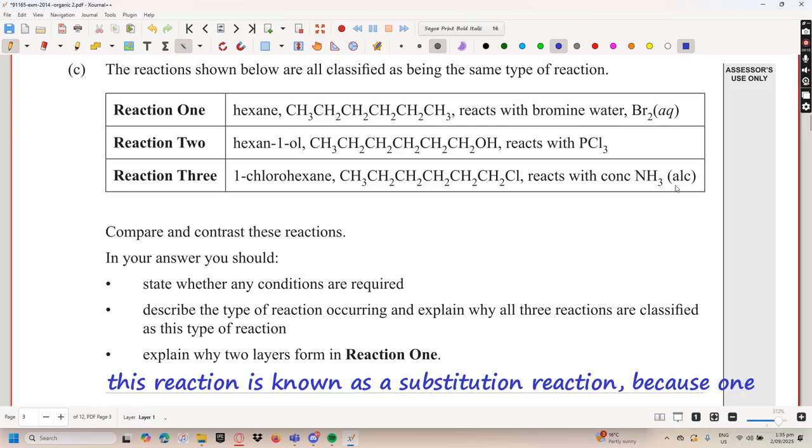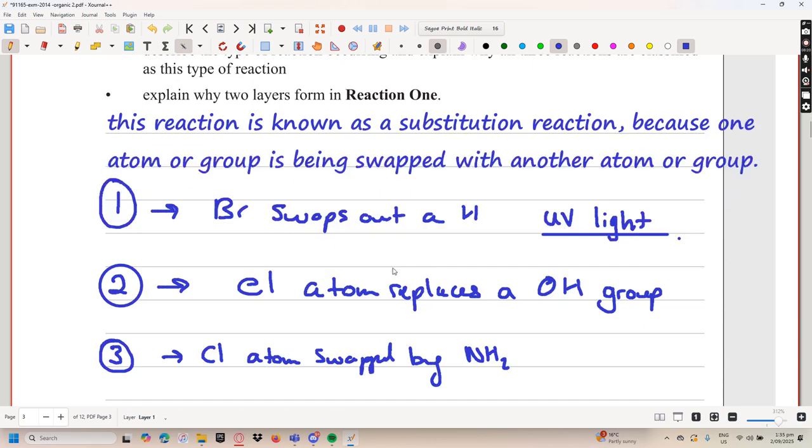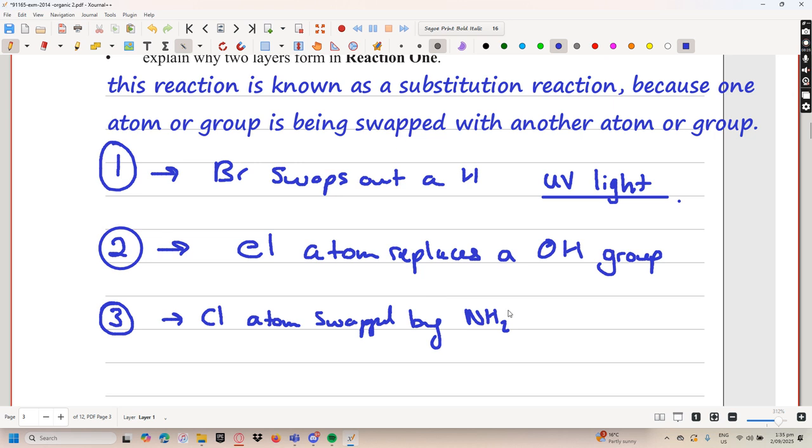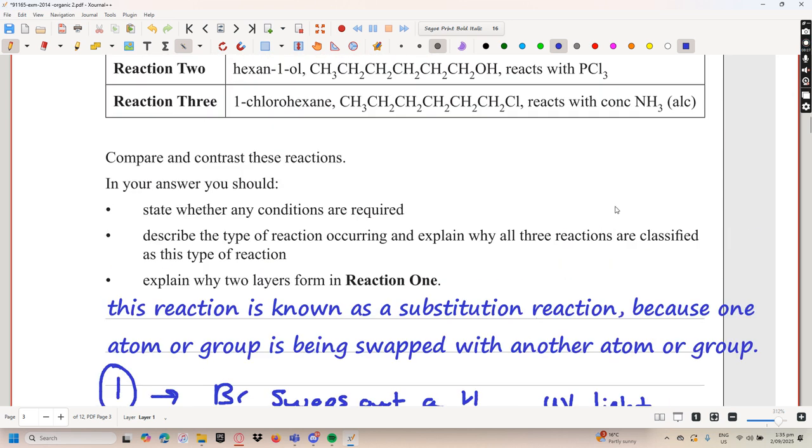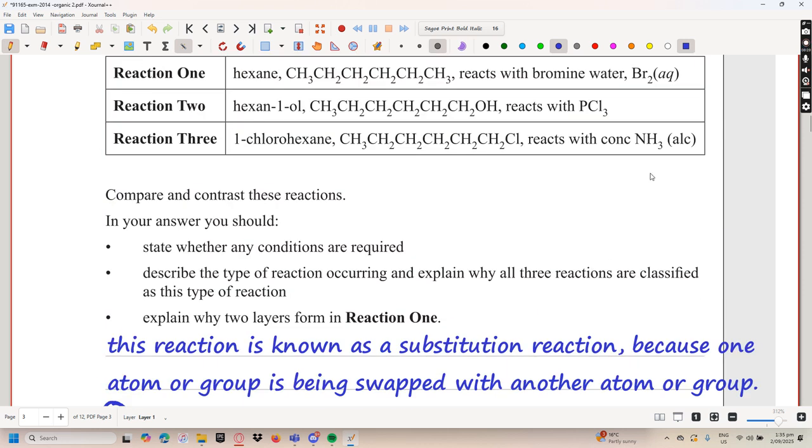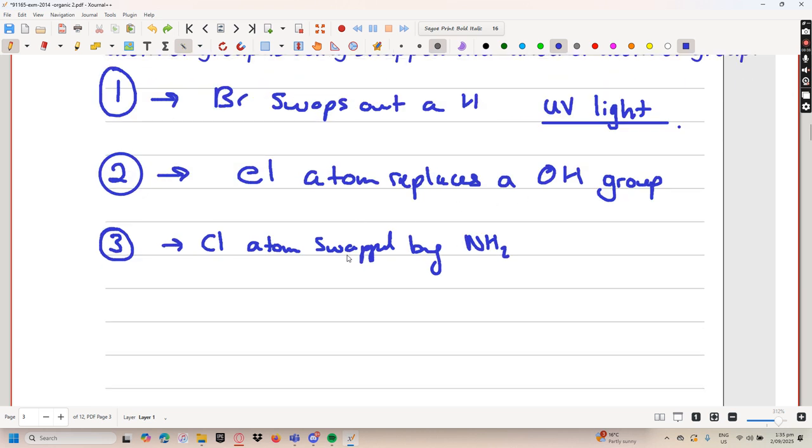No, it's not an NH3 group, it's an NH2 group. One of the H's on here joins with the chlorine and forms HCl, and that's driven off. And again, we don't really need conditions for this, except it needs to be alcoholic NH3, for some reason, I'm not exactly sure why.